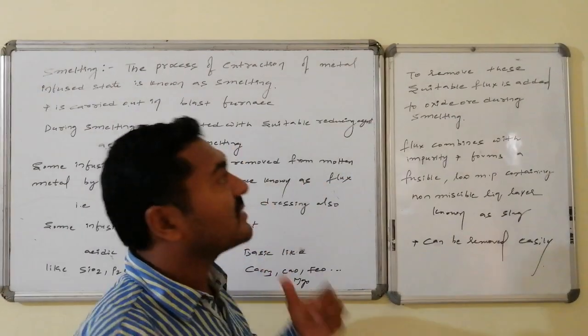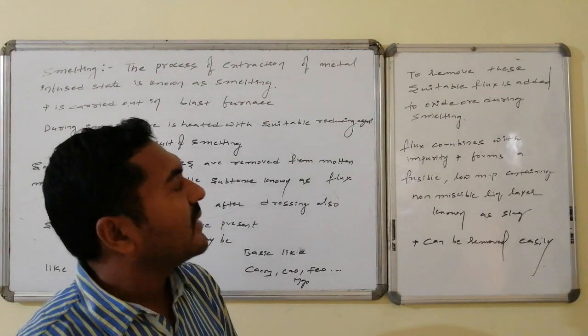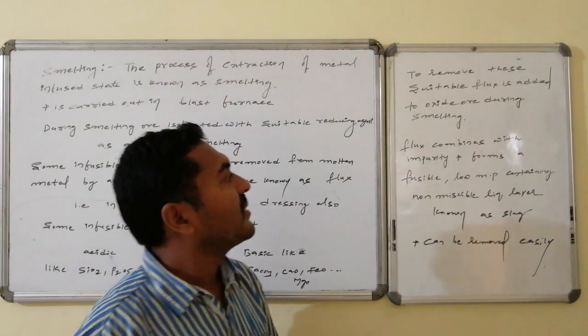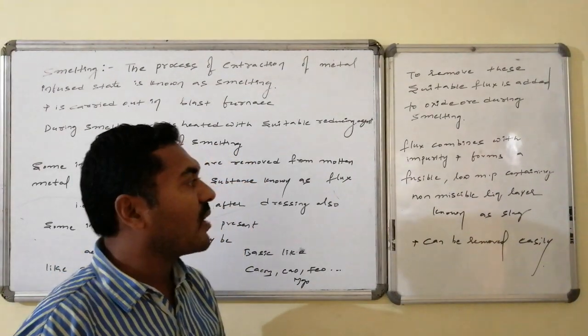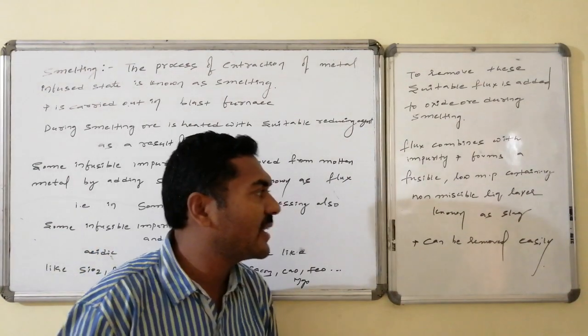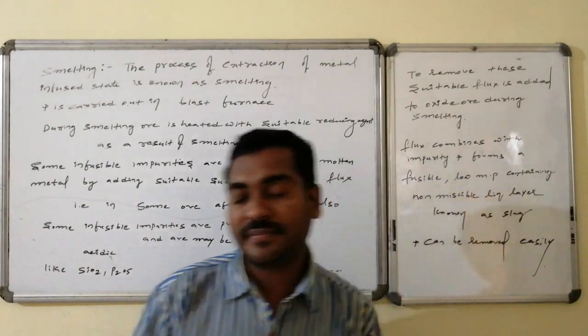To remove these, a suitable flux, a foreign material, is added. The flux combines with the impurity and forms a fusible, low melting point, non-miscible liquid layer known as slag, and this can be removed easily.